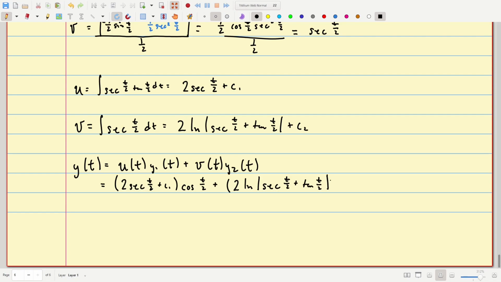I would need to double check. I don't think the absolute values are necessary because of the domain restriction we talked about at the beginning of the problem, but I'm going to leave it there for safety's sake so that we don't accidentally write down something that's nonsense.